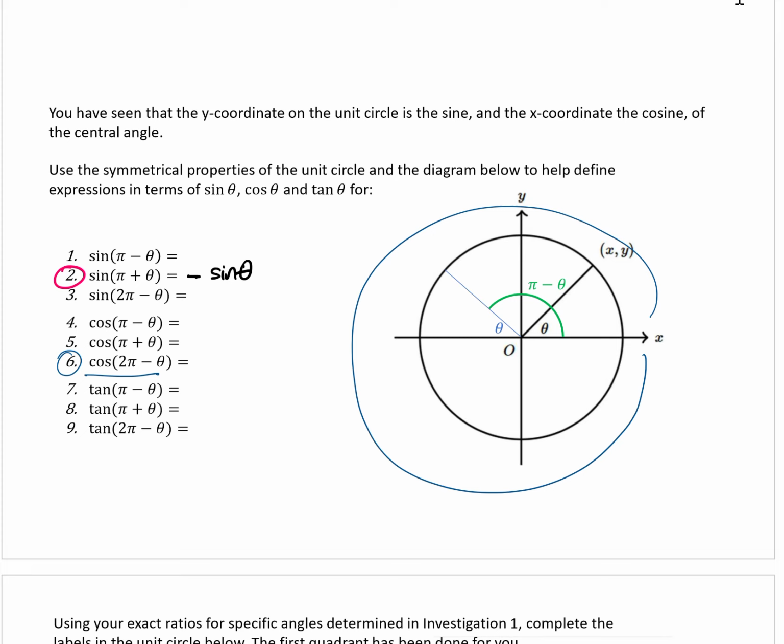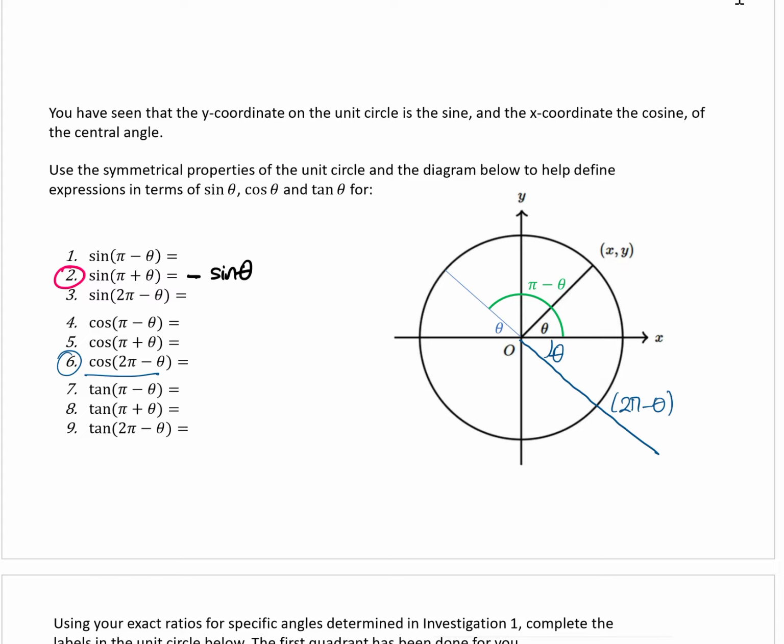So if I go backwards, let me just delete the 2 pi, that would be the angle 2 pi minus theta. And that also corresponds to the angle theta below the x-axis.